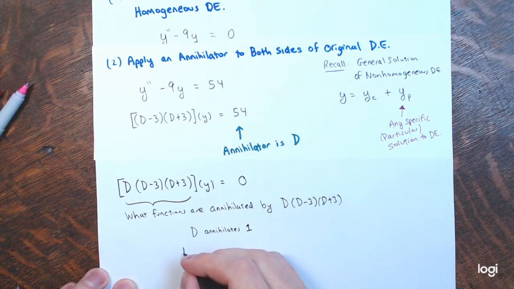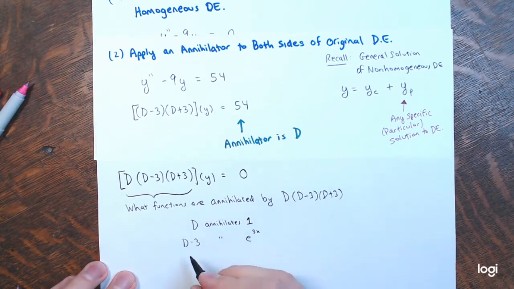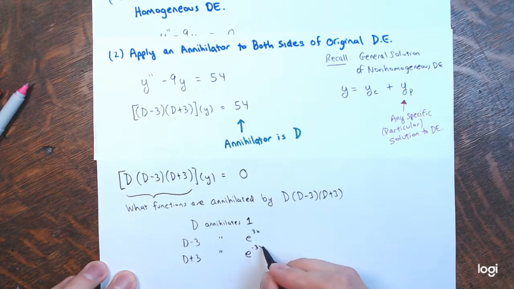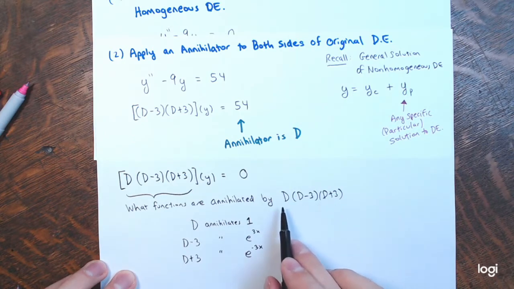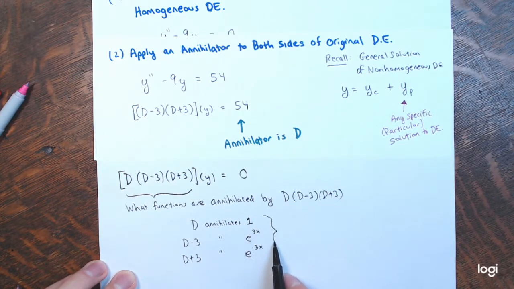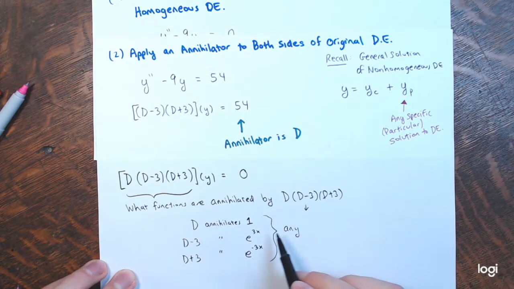And I mentioned earlier, D minus 3 annihilates e to the 3x, or any constant multiple of e to the 3x. D plus 3 would annihilate e to the negative 3x. And we have their product. So their product would annihilate any linear combination of these three.